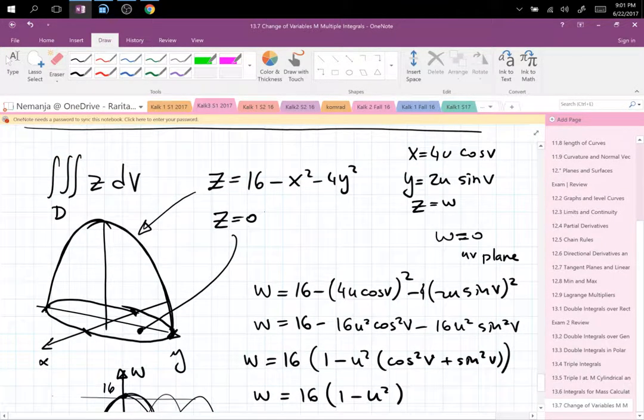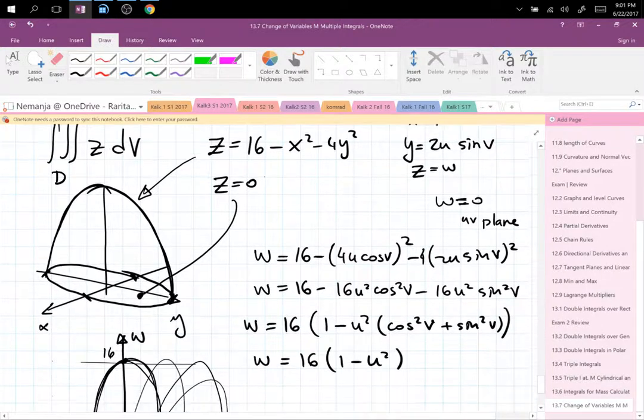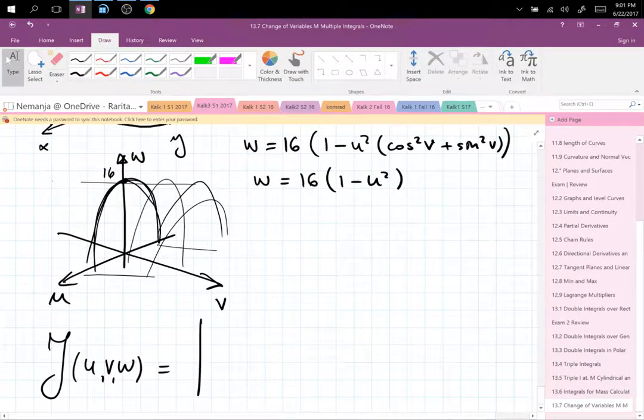Partial x partial u is going to be 4 cosine v. It's going to be a lot of fun. And then partial x partial v is going to be negative 4u sine v. And then partial w is just going to be 0.